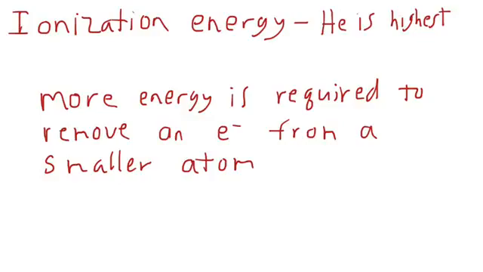So remember that helium has the highest ionization energy because it's the smallest atom. And so then the lowest ionization energy would be, think about it, what would be the lowest ionization energy? It would be the biggest atom, which you need to remember is francium. So francium is the lowest ionization energy.